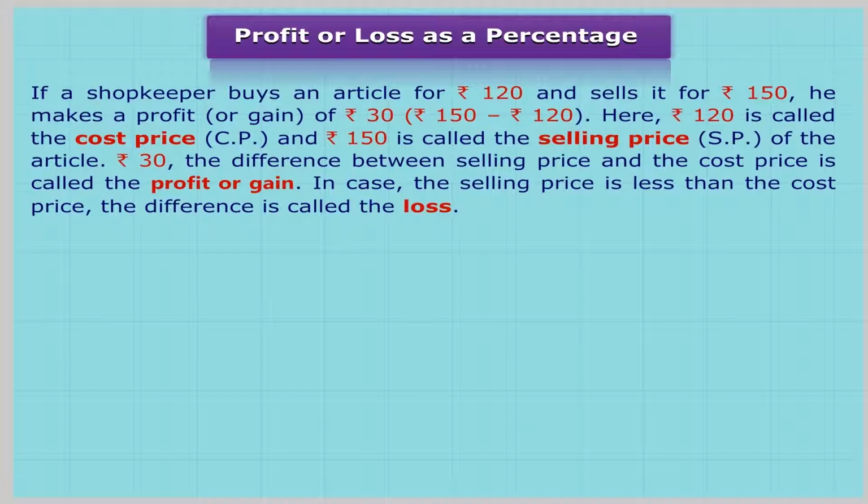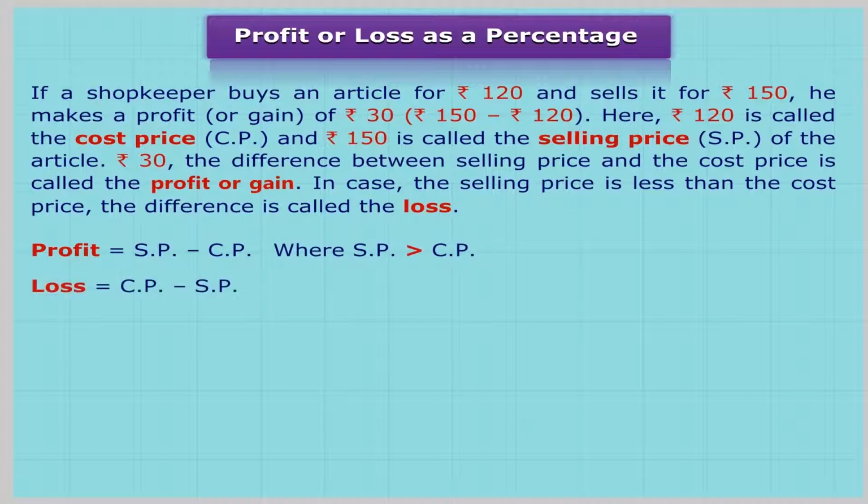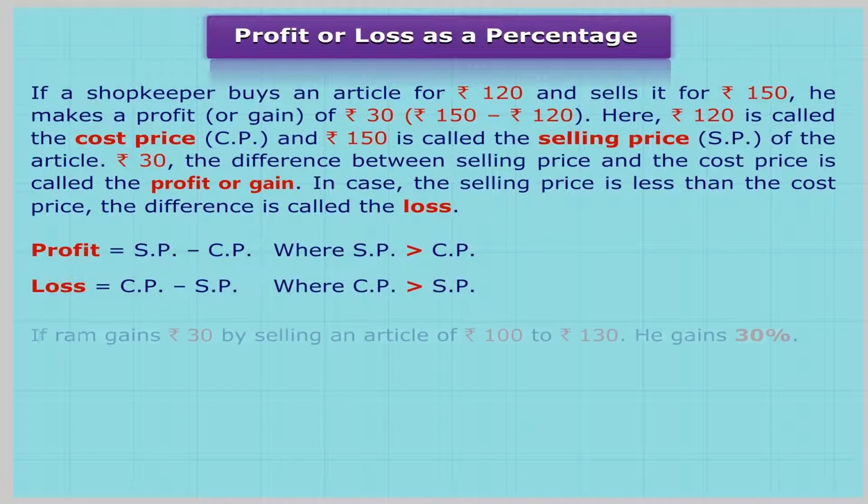In case the selling price is less than the cost price, the difference is called the loss. Profit equal to SP minus CP, where SP is greater than CP. Loss equal to CP minus SP, where CP is greater than SP.